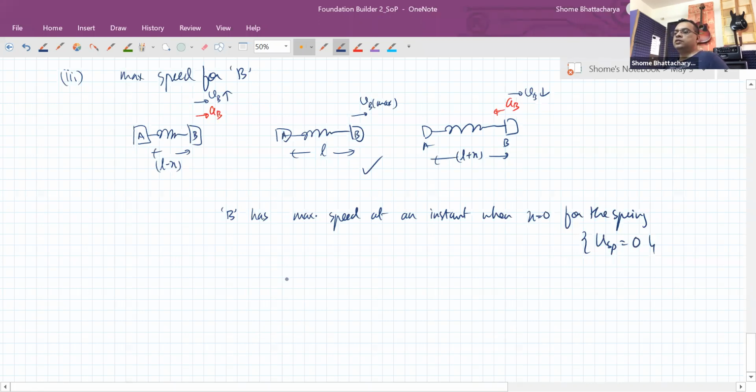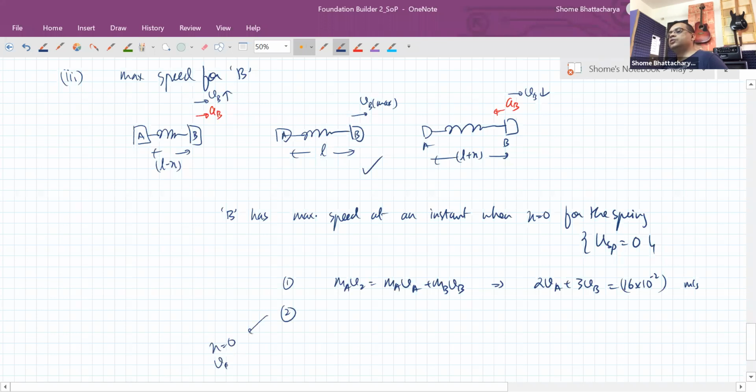So equation 1 will remain the same, so we have 2VA plus 3VB is 16 into 10 raised to minus 2 meters per second. Okay. But equation 2, in that we will put x equal to 0. So VB has its maximum value.